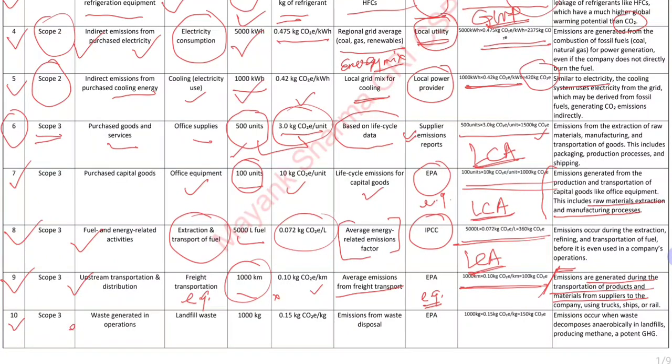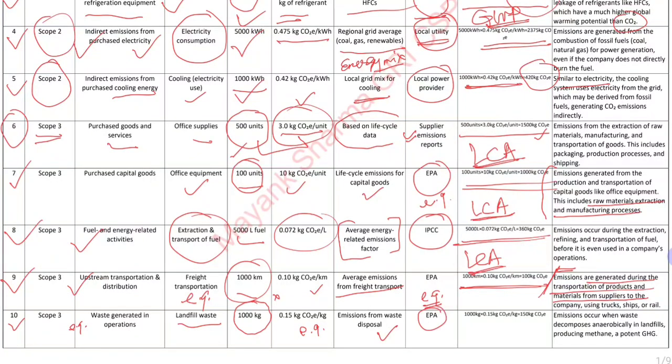Then we have scope 3, where the example is about waste generated in the operations, which is landfill waste. Let's say the total quantity of waste going to the landfill is 1000 kg, and this is the emission factor example, like 0.15 kg CO2 equivalents per kg of the waste we are sending to the landfill. So basically these are emissions generated from the waste disposal.